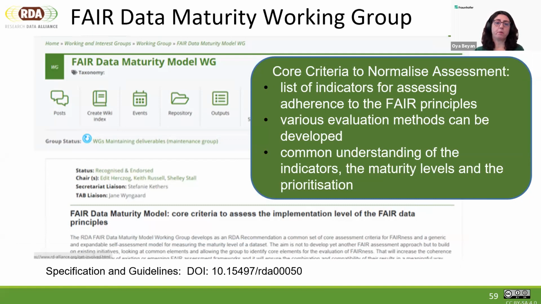This working group worked for 1.5 years with contribution of multiple disciplines and produced a list of indicators for assessing compliance to FAIR principles and explored different evaluation methods. The group's aim was to create a common understanding on these indicators. Next slide, please.